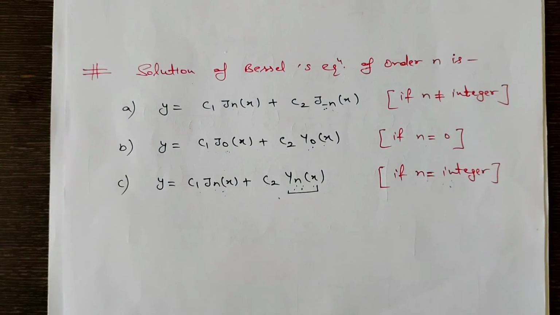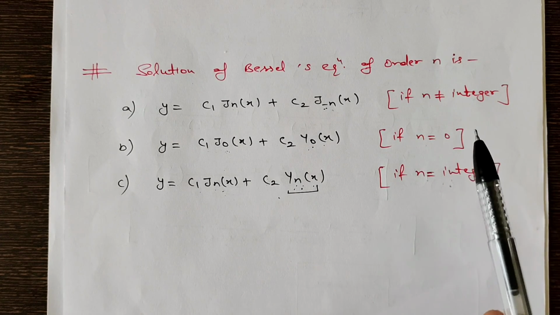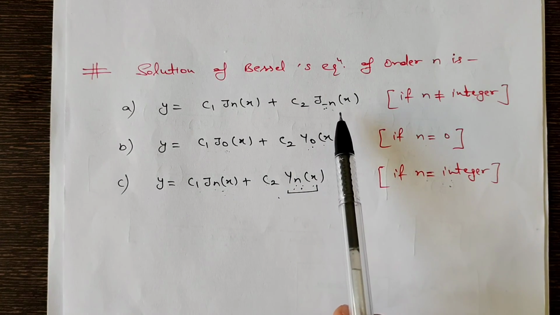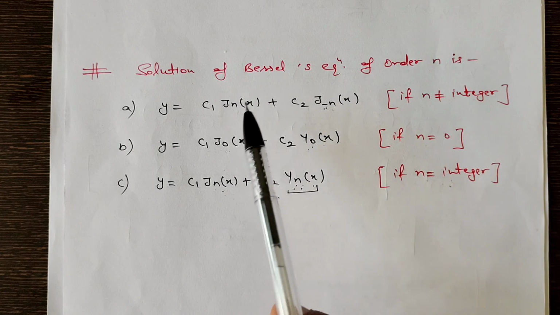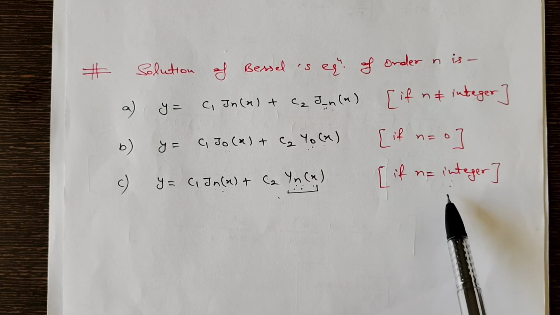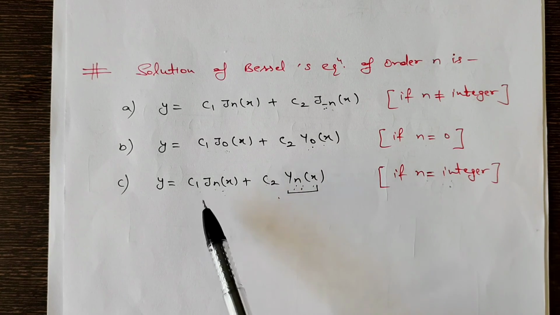So in this way we can conclude that the Bessel differential equation has at most two linearly independent solutions, corresponding to the case when n has an integer value or a non-integer value. For a non-integer value, J_n(x) and J_minus n(x) will comprise the complete solution for the Bessel differential equation, and when n has an integer value, the Bessel function and Neumann function will make the complete solution of the Bessel differential equation.